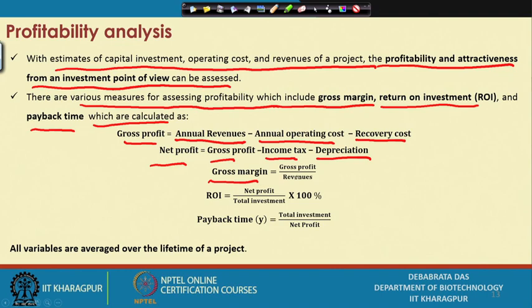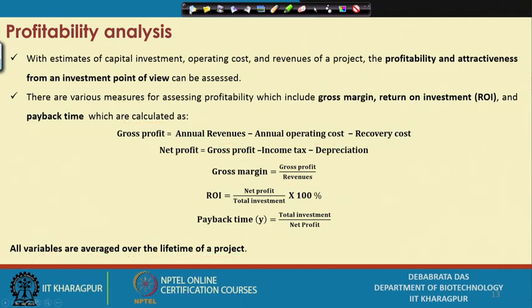So, gross margin is the gross profit by revenue, and ROI equals net profit by total investment into 100. ROI is the return on investment, and payback time is the total investment by net profitability, and all variables are average over the lifetime of the project.